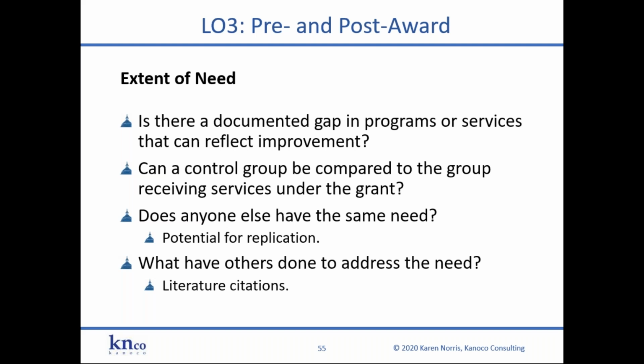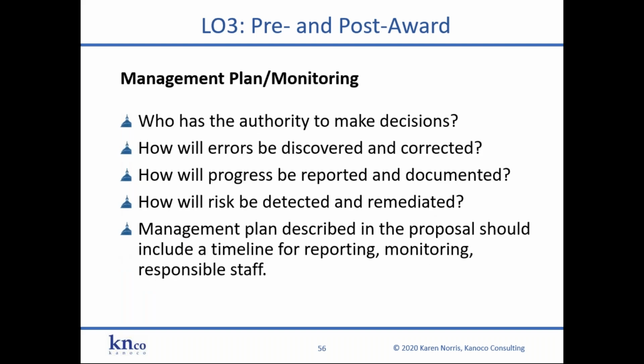So depending upon how you set up your need and you set up this up in pre-award, would you or wouldn't you be using a control group post-award? Does anyone else have the same need? What is the potential for replication? What have others done to address the need? And again, where are your literature citations?